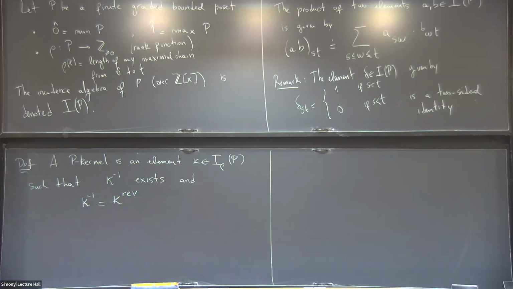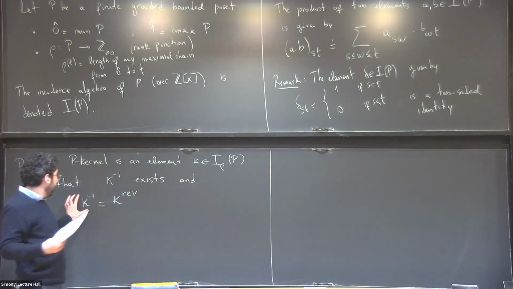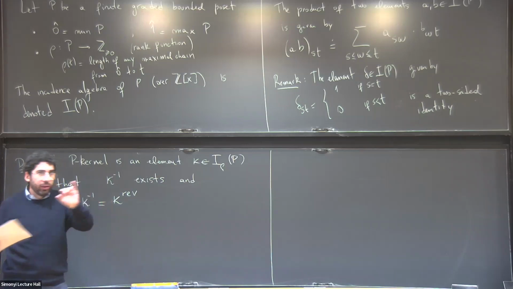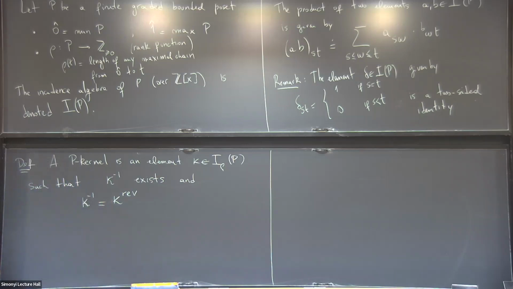So this is a very, very strong condition on an element. Kappa to the -1, you can think of as the inverse of a certain upper triangular matrix. And this is telling you that inverting that matrix has to just reverse every single entry coefficient-wise. That looks like imposing lots of equations to be true.